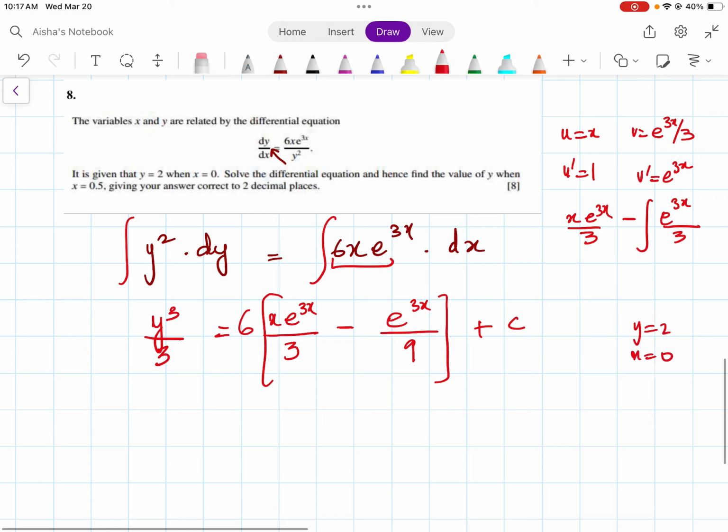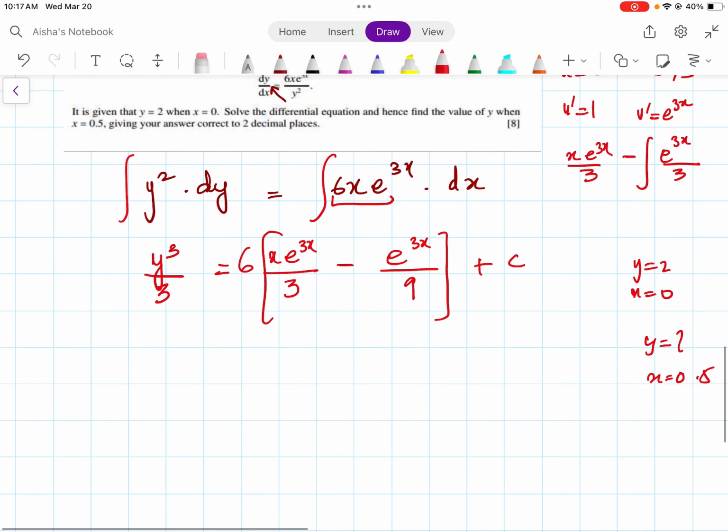Y is 2 when x is 0. Value of y when x is 0.5. First thing is you have to find out the value of c. So y is 2, cube upon 3.